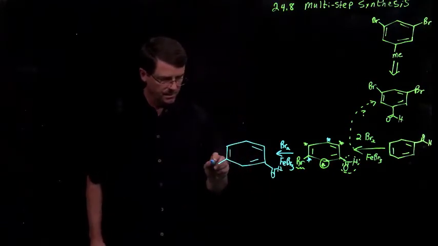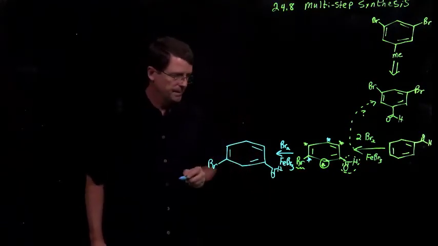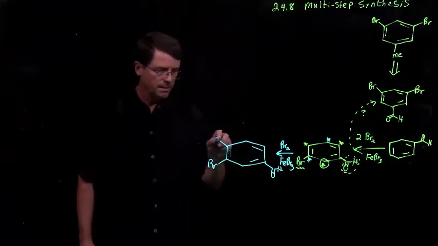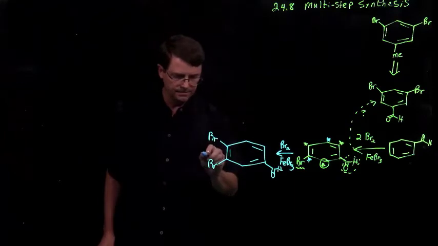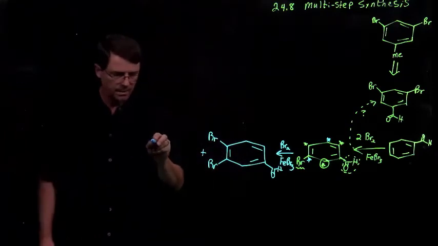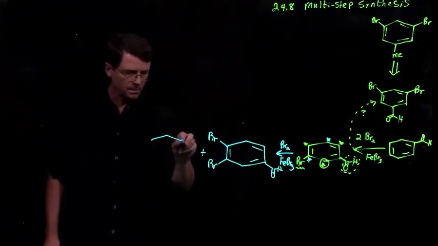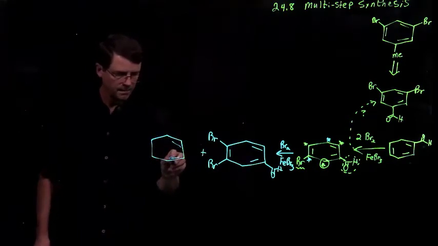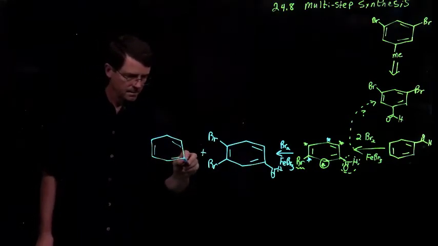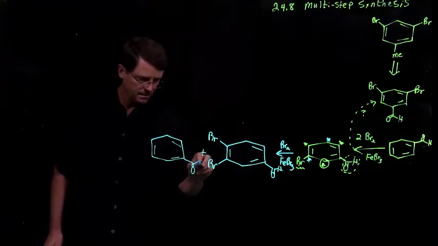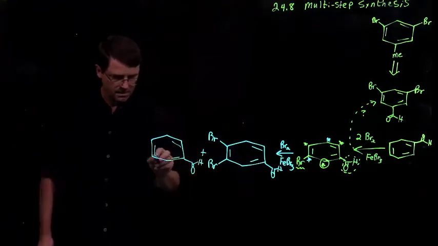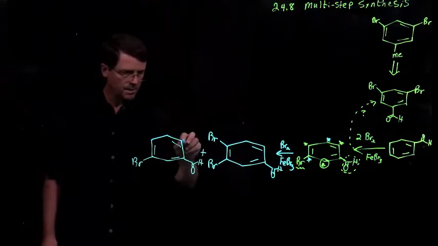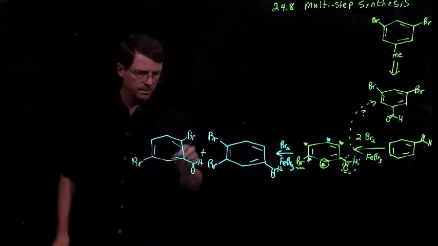So the first bromine went here, but the bromine dominates, so I'm either going to get this dibromide and a mixture, if you remember what our rules taught us. There's that first bromide, the second one could also go here.